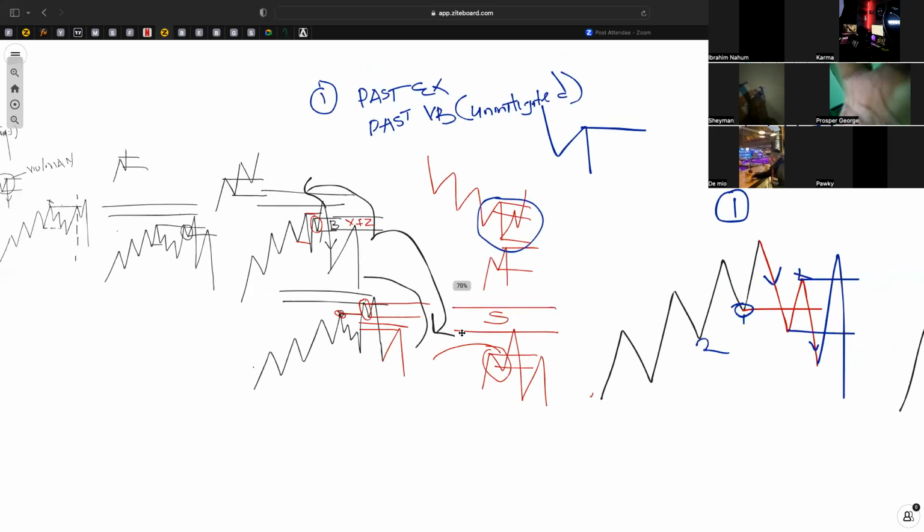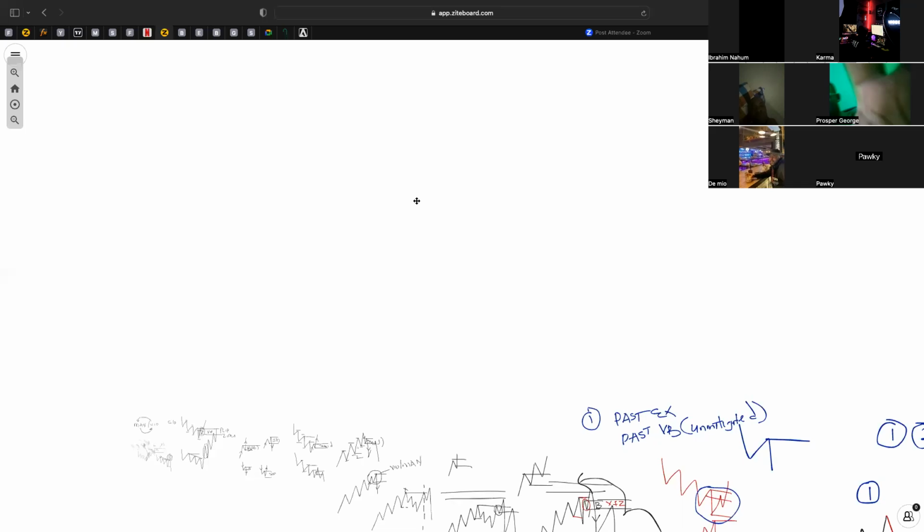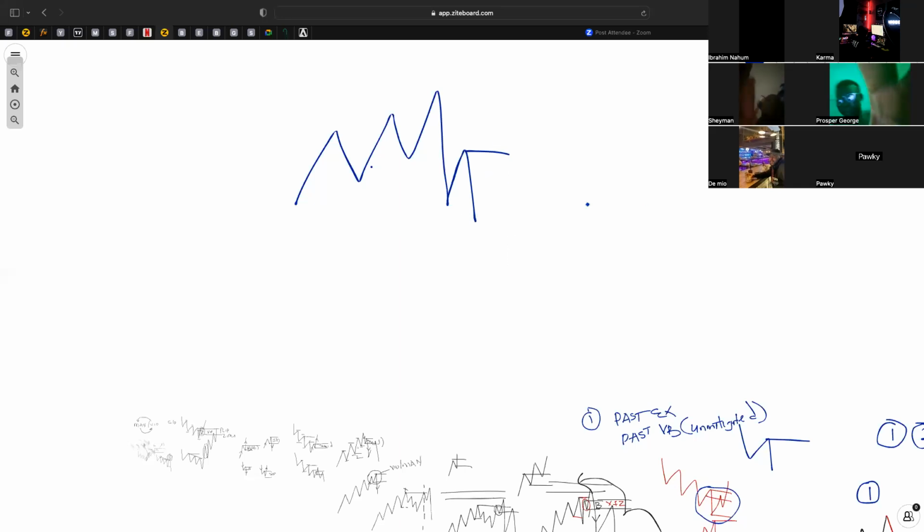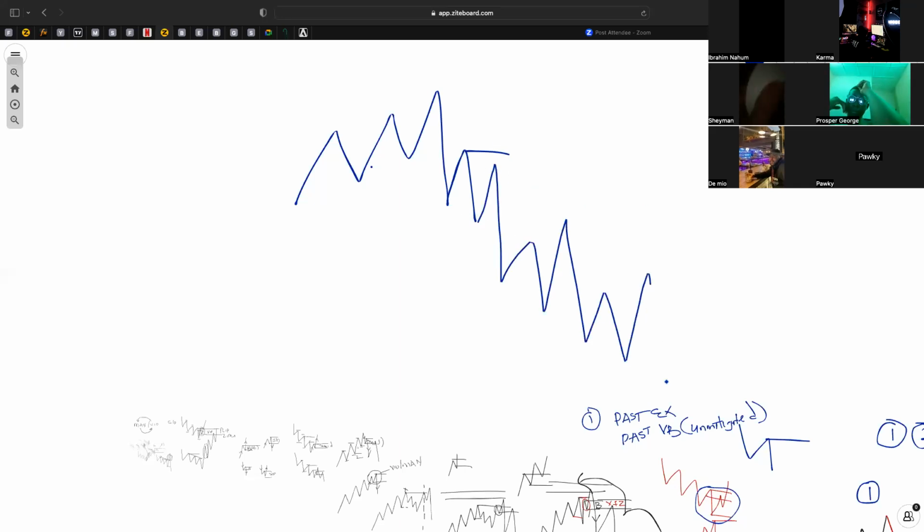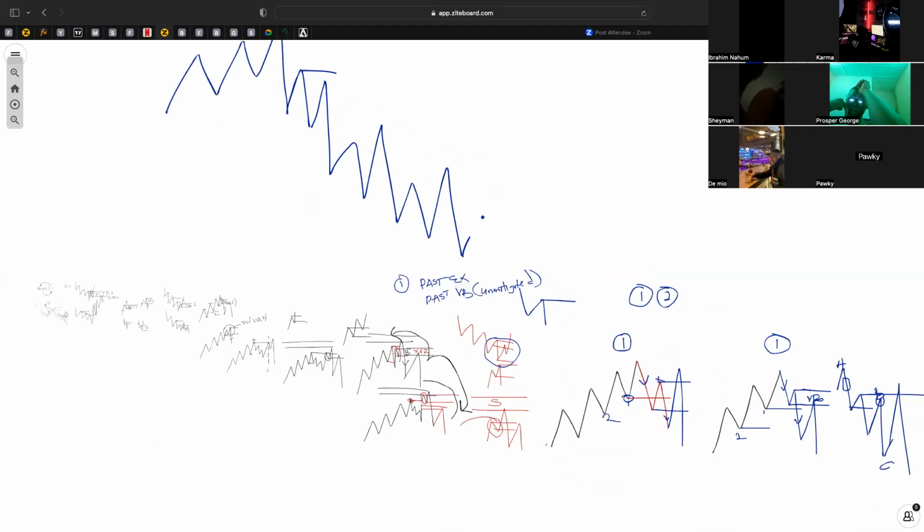What does that mean? We all know that when the market is moving like this, break structure, pullback, this is an external liquidity, then it's sell off. So now imagine the market does this, then it keeps going, keeps going into the future.